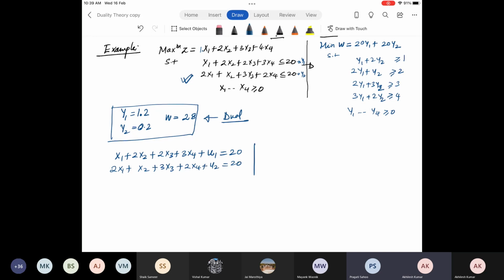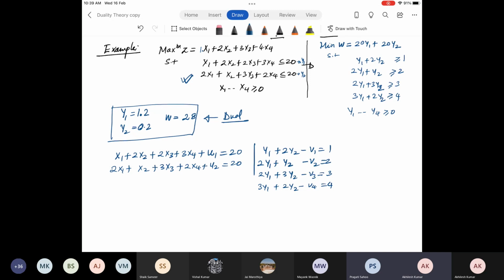Let's subtract the surplus variables on the dual side. So y1 plus 2y2 minus v1 equals 1, because it is a greater than or equal to constraint, so we need to subtract the surplus. 2y1 plus y2 minus v2 equals 2. 2y1 plus 3y2 minus v3 equals 3. 3y1 plus 2y2 minus v4 equals 4. Is this correct?